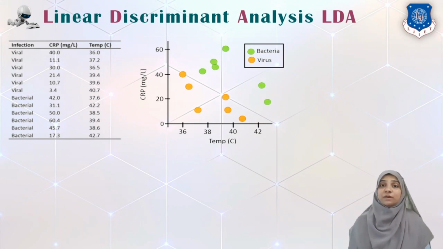First of all, we have to plot these data points over a two-dimensional graph, where the x-axis is our temperature feature and the y-axis is our CRP feature. Once we plot this data, keep in mind that the orange data points represent viral infection, while green data points represent bacterial infection.